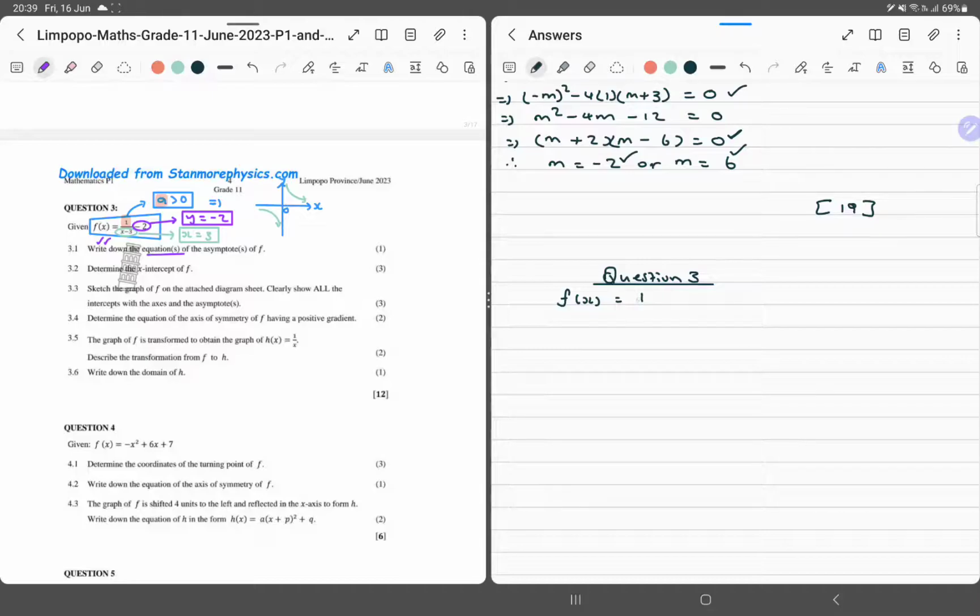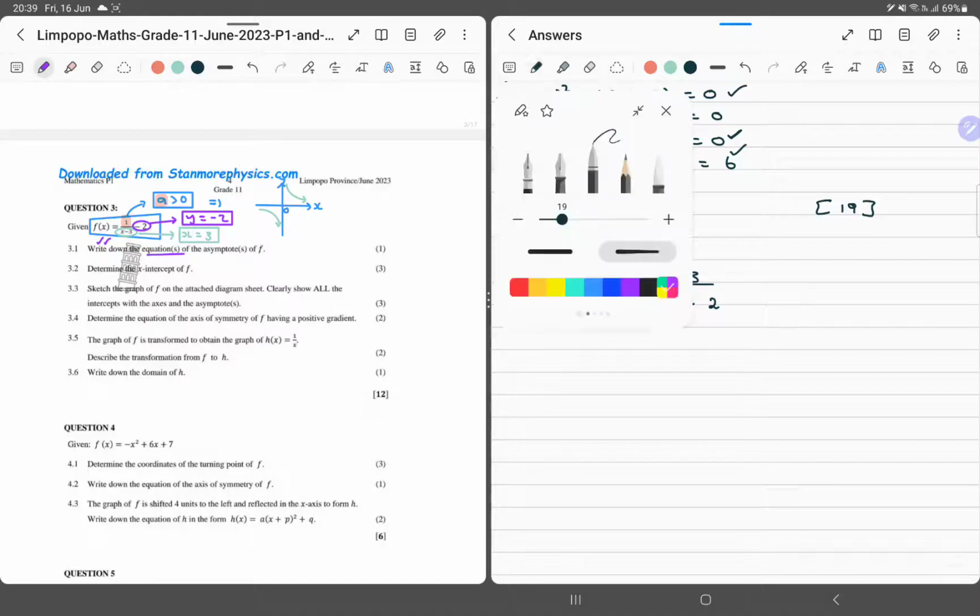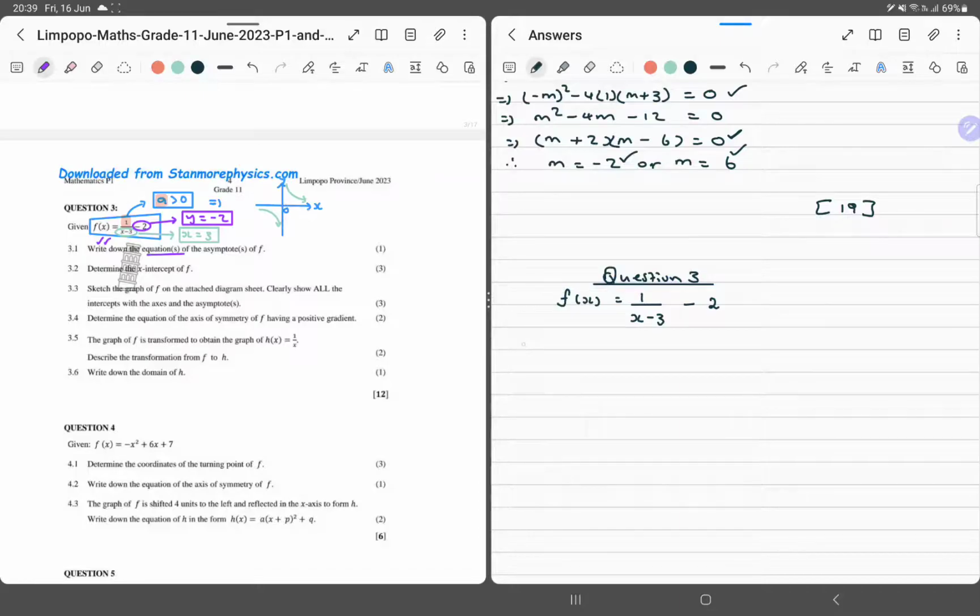So this is 1 over x minus 3, minus 2. Now, to answer 3.1, we know that x is going to be equal to 3, the opposite of what appears in the equation, but y is going to be equal to 2. And those asymptotes are essentially the vertical and horizontal shifts of our standard hyperbolic function.